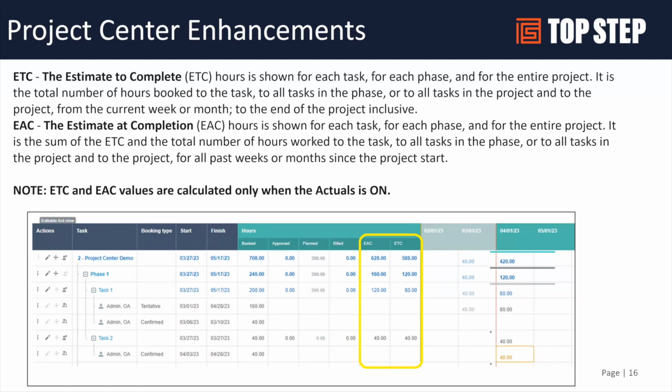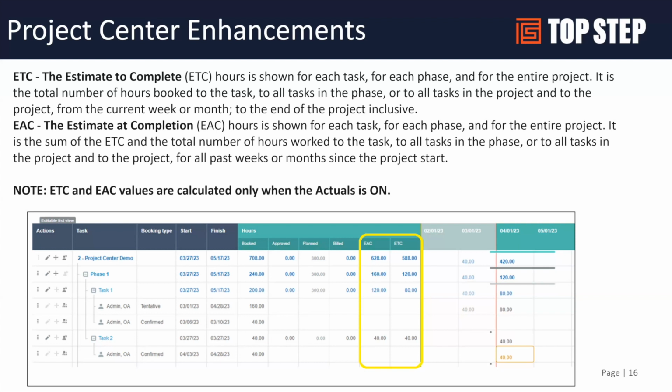There also now is a capability of being able to display ETC and EAC using the booking data. And so the ETC, which is estimate to complete, can show down to the task, phase, and for the entire project, the total hours booked in that project till the end of the bookings. And so that will give you that estimate to complete.